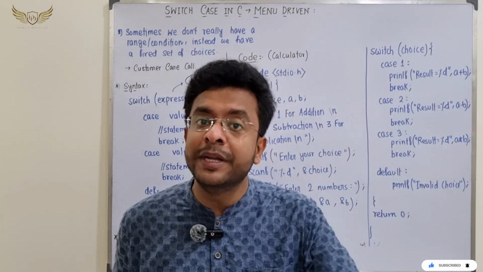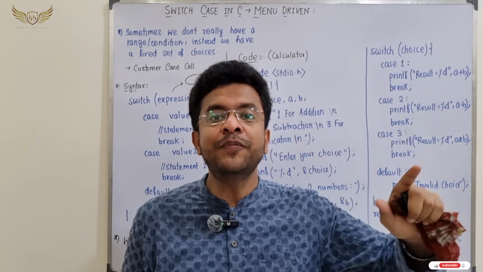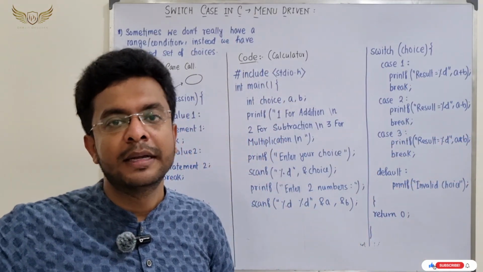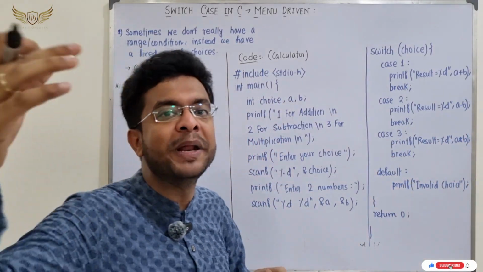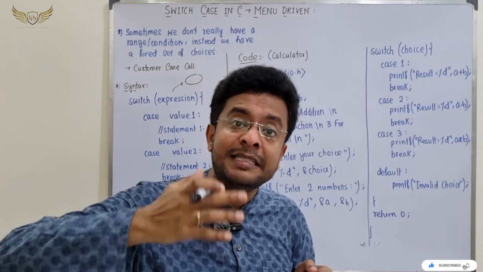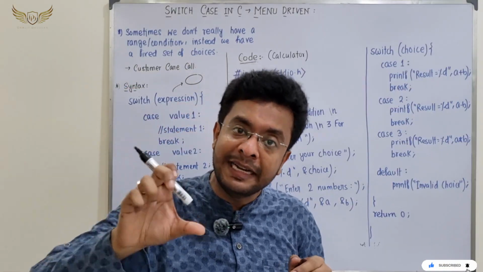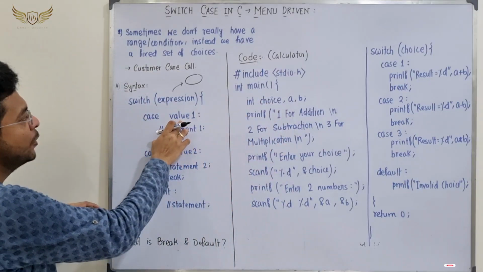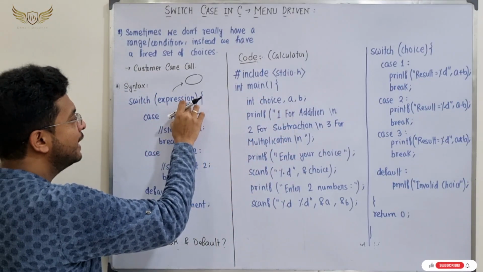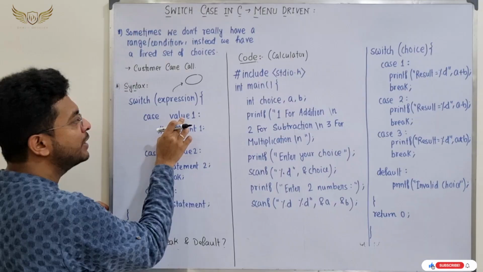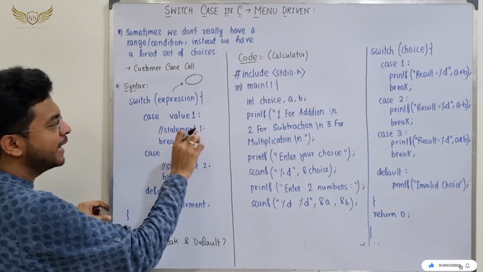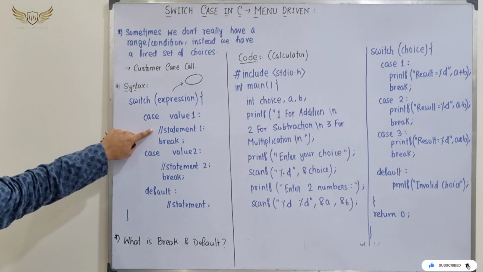Accordingly, they match it with their preference. If those two strings match, then it goes inside a particular case. Are you getting my point? It's not about press 1 for English. It might be press the language or type the language. You are writing ENGLISH, right? So that's why I have written case value 1. Whatever you are giving here, it comes inside and tries to match with that particular thing. If it gets matched, then the statement inside it gets executed.